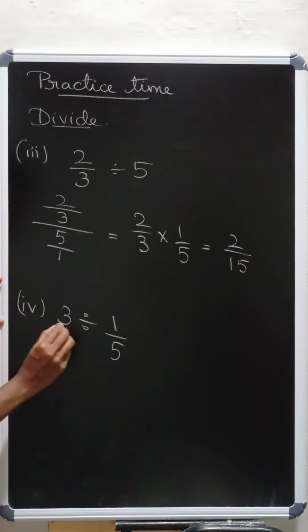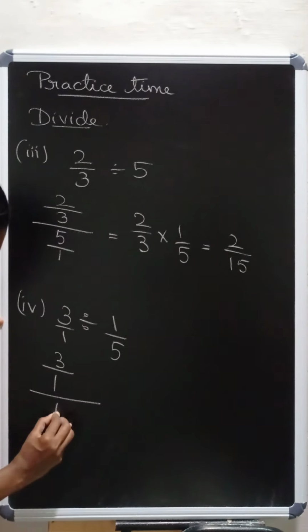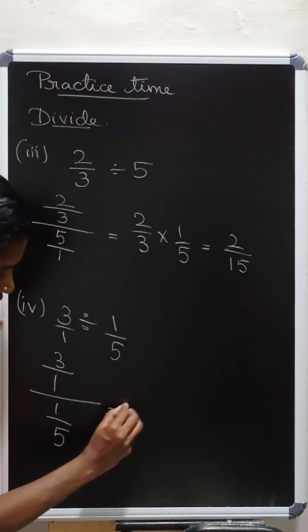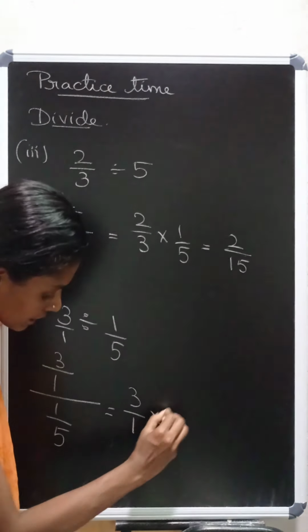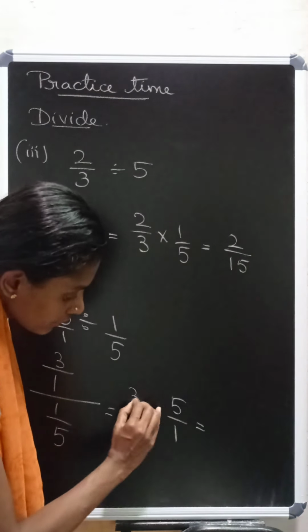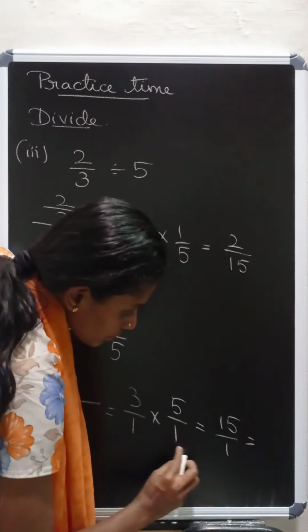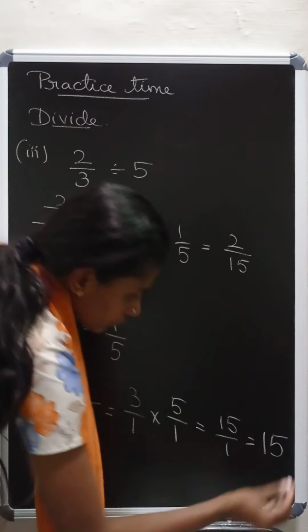So this 3 is taken as 3 by 1. So 3 by 1 divided by 1 by 5, which is equal to 3 by 1 into 5 by 1. So you have 3 5s are 15. 1 into 1 is 1. That is nothing but 15.